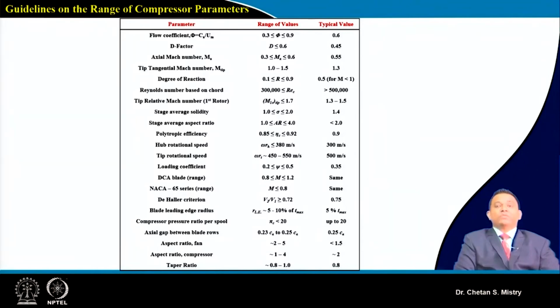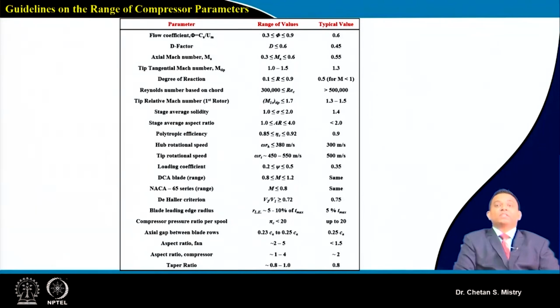The degree of reaction, as we have discussed, varies from 0.1 to 0.9. For a subsonic compressor, we will go with a degree of reaction in the range of 0.5. The Reynolds number is very important in terms of all the aerodynamic losses happening on the suction surface, which are responsible for flow separation and stalling.